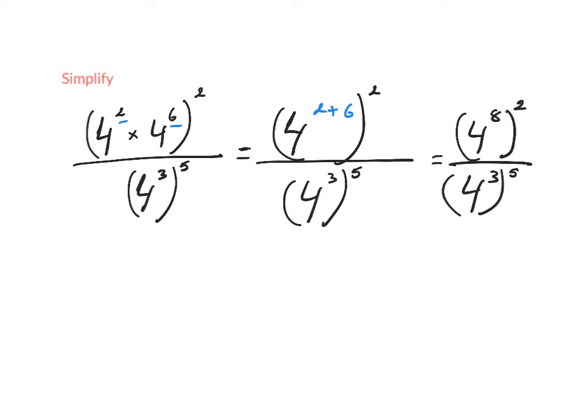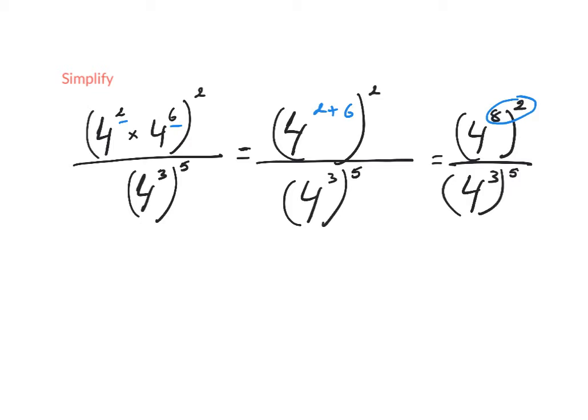The next step is what we can see here: we're raising a power to a power. So we're going to keep the same base and multiply the exponents. We're going to keep the base 4 and multiply 8 with 2.